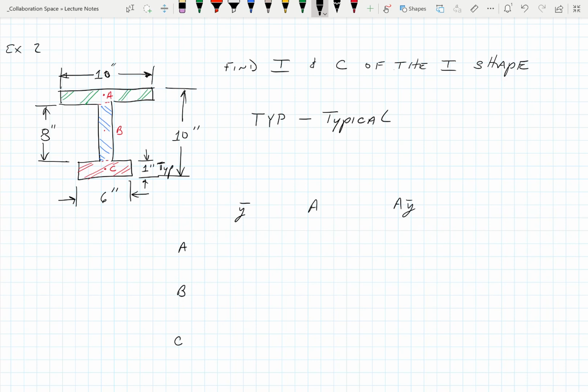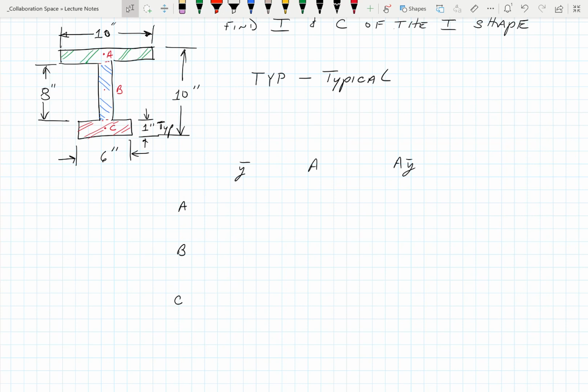Can I look in your book real quick? I want this in something like this.